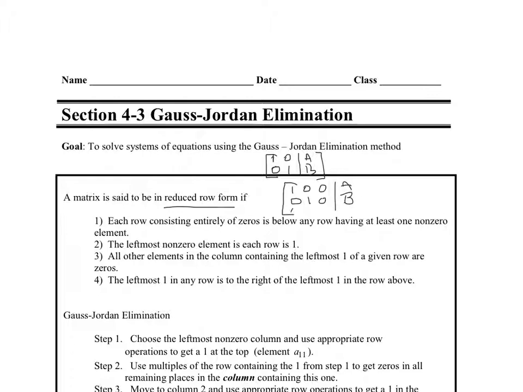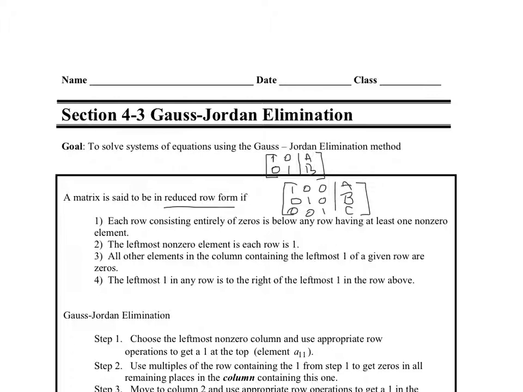And then the bottom row would be 0, 0, 1, and then we would see the answer for the z variable. So remember, what we're looking for is to the left of the vertical line. Every element will be 0 except we will see 1s show up on the diagonal from top left in that first row moving down to the bottom right in the last row.